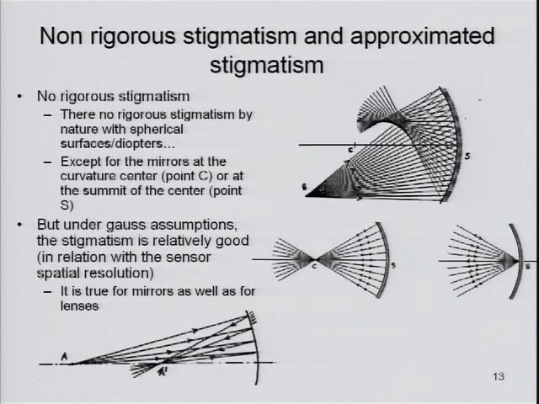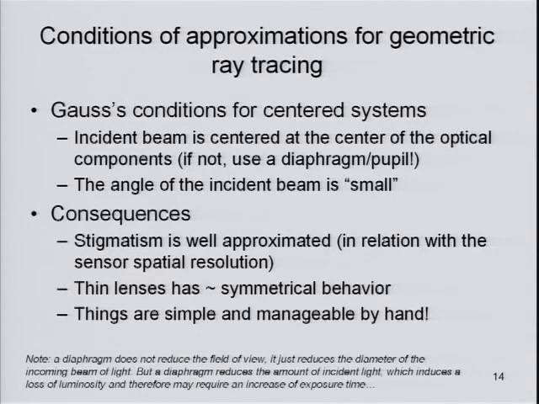Under the Gauss assumption, it's quite okay. So basically a point A located on the optical axis, if I trace a couple of rays emerging from this point A, will all converge at the same point A prime. So the Gauss assumptions for a standard system, and we will only study standard systems here, no rectangle lenses or rectangle mirrors.